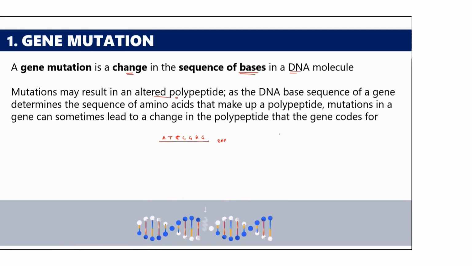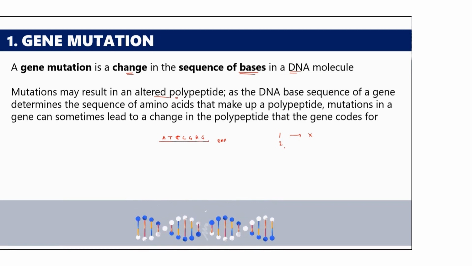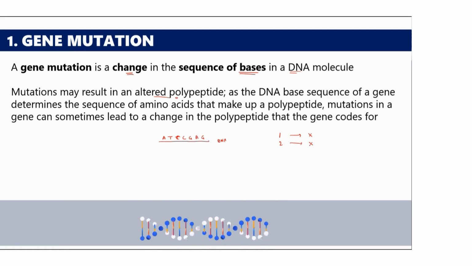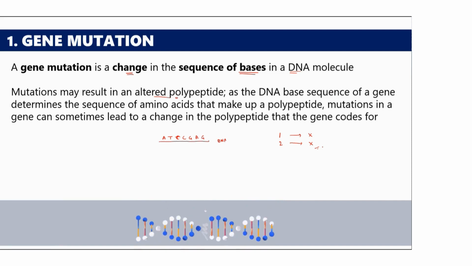So let's say we had codon 1 coding for amino acid X. After mutation, we got codon 2, but it still codes for the same amino acid X. In this case, will there be any change in the polypeptide? As long as it goes to the same amino acid, no.